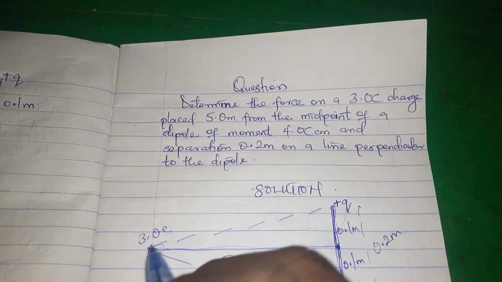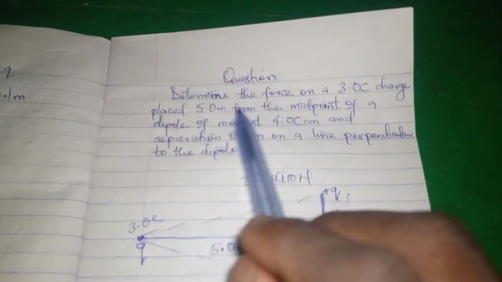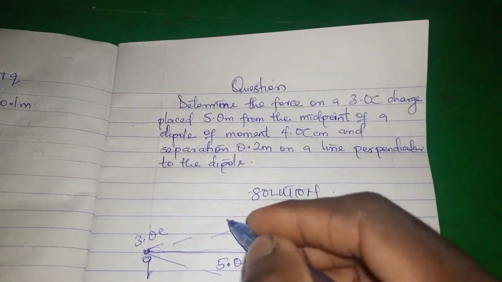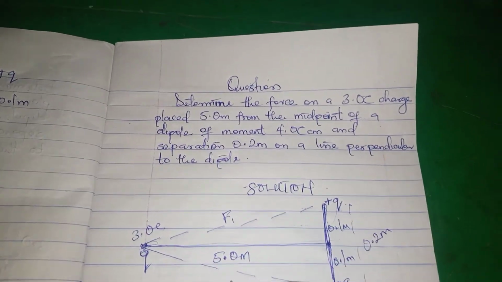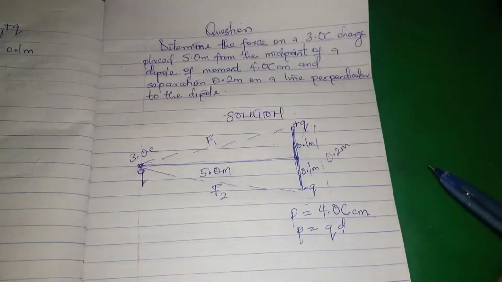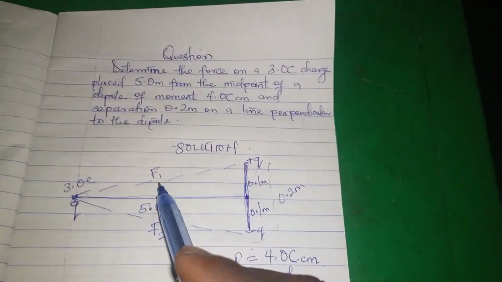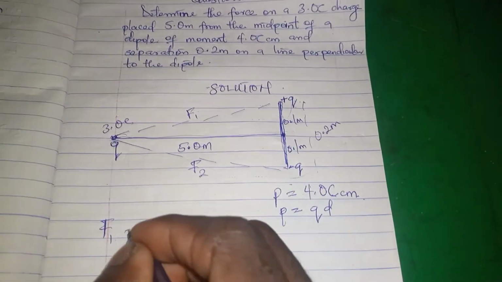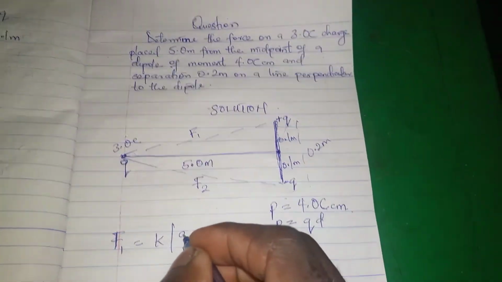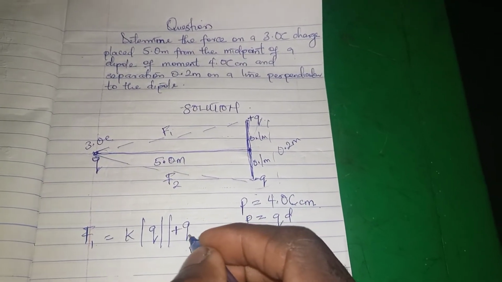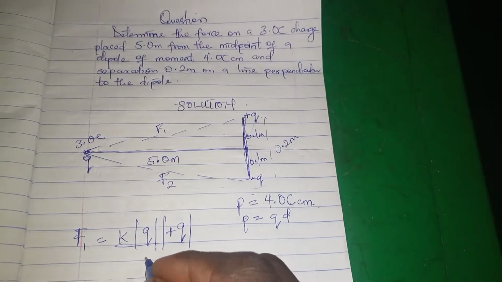So to determine the total force, there's going to be an F1 between these two and an F2 between these two. So the resultant is going to be the total force. Now, in order to calculate F1, if you recall, our formula is K modulus of Q, then modulus of the positive pole over R square.